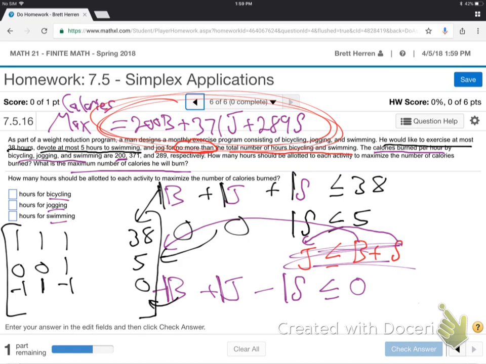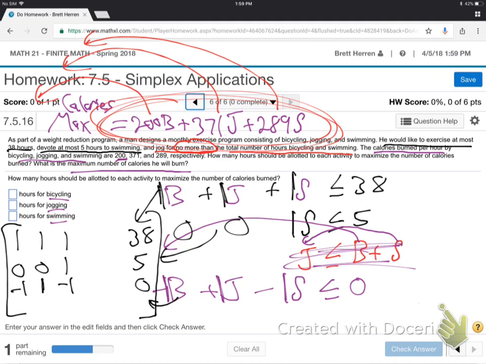Making sense? Everybody see what I'm doing here? So the one we're trying to maximize always goes on the bottom. And the way it works is you jump this over, jump this over, jump this over. And they change signs.